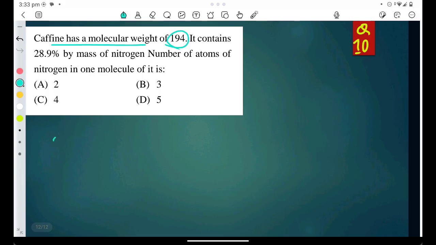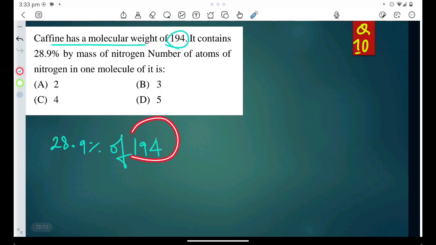So 28.9% of 194. 194 is the mass of one molecule of caffeine. So one molecule of caffeine will have this much percent mass of nitrogen. So this is going to be the total mass of nitrogen.